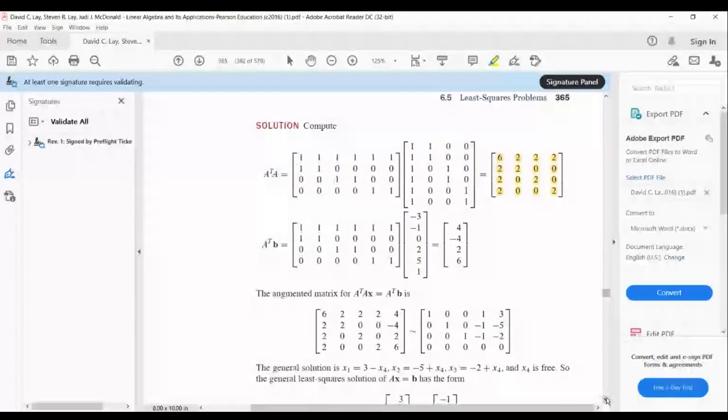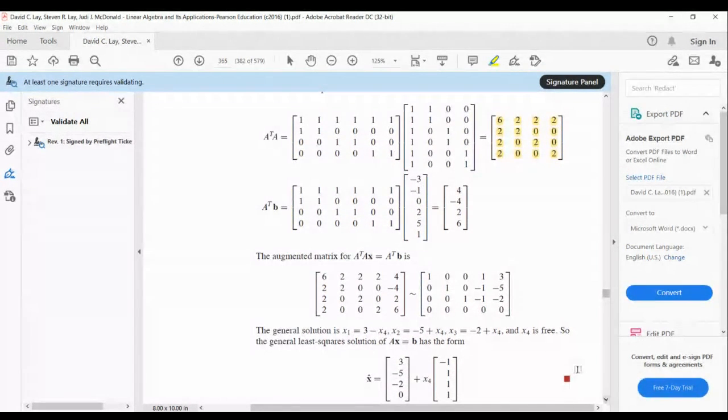We figure out A transpose A, we figure out A transpose b, and then you have an augmented matrix here. And after doing some row operations, you get that matrix in reduced row echelon form.